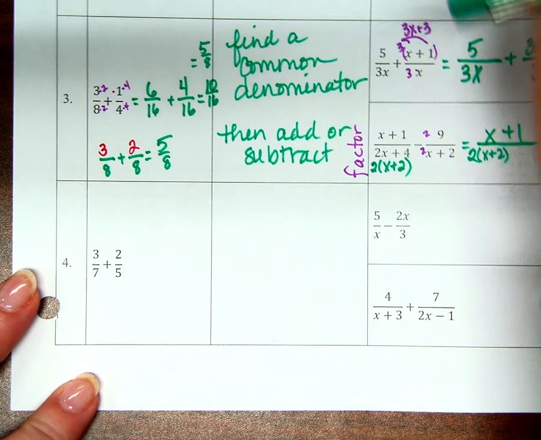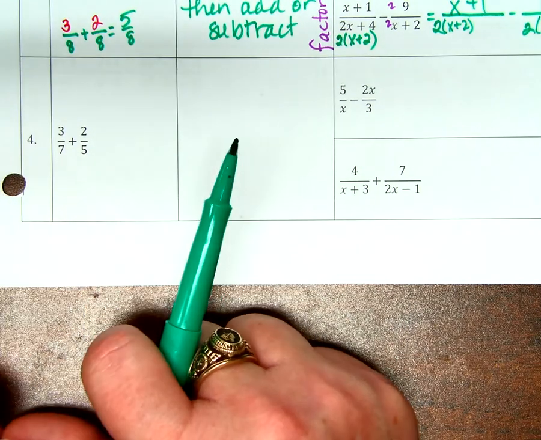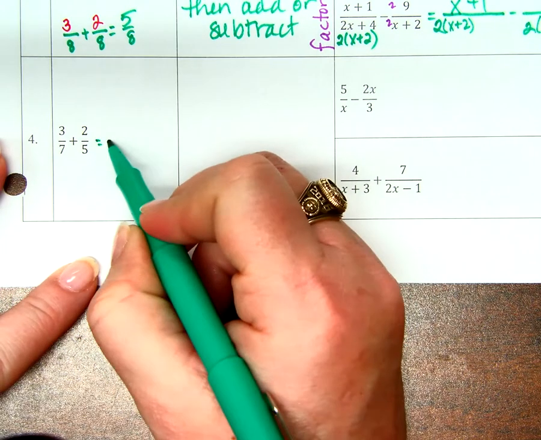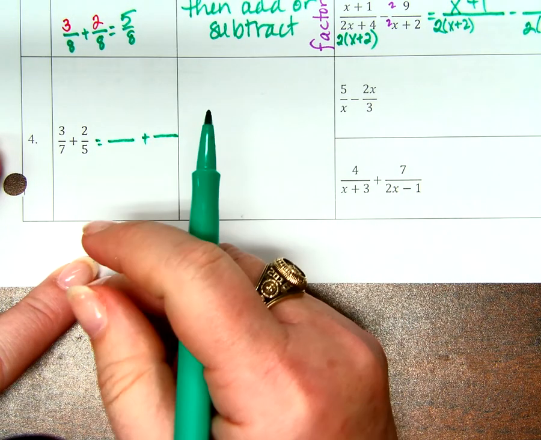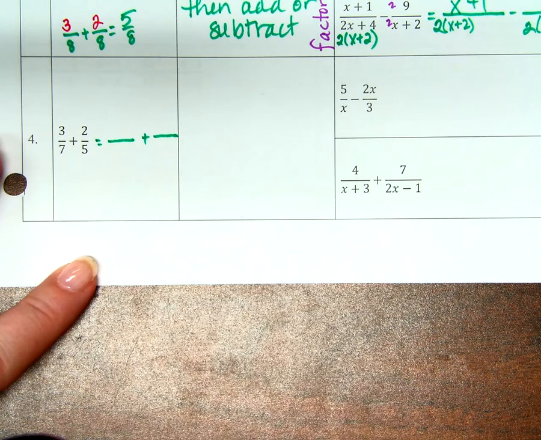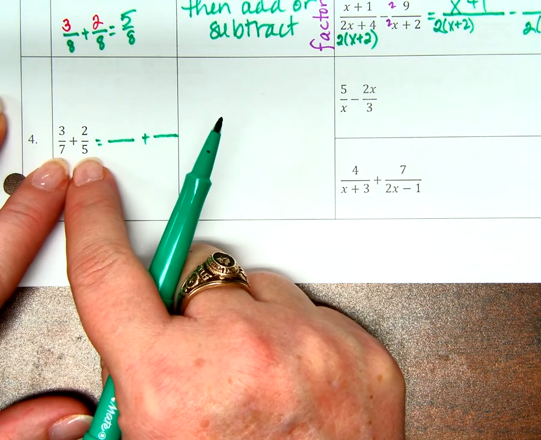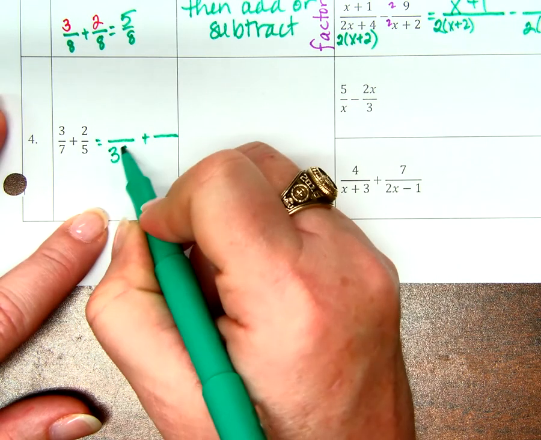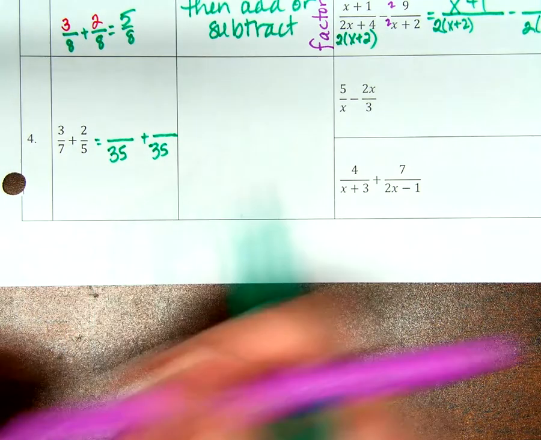Number 4. Example number 4. What is the common denominator? How did you get that number? Remembering how to do it from 4th grade, okay? So when in doubt, what do you do to find a common denominator? Multiply them together, okay? So if this is 35 and this is 35, what did this one need?